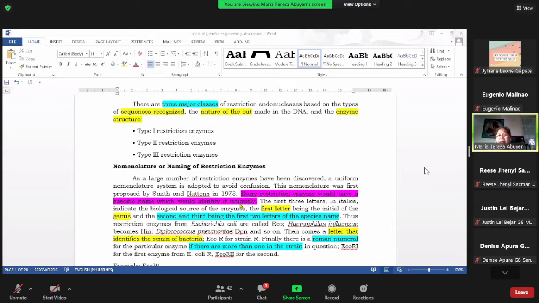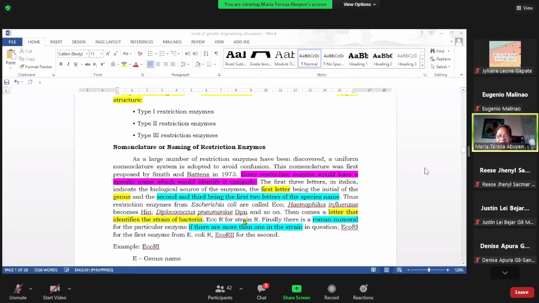Please take note of this because I have included it in the summative test. The first three letters, in italics, indicate the biological source of the enzyme.